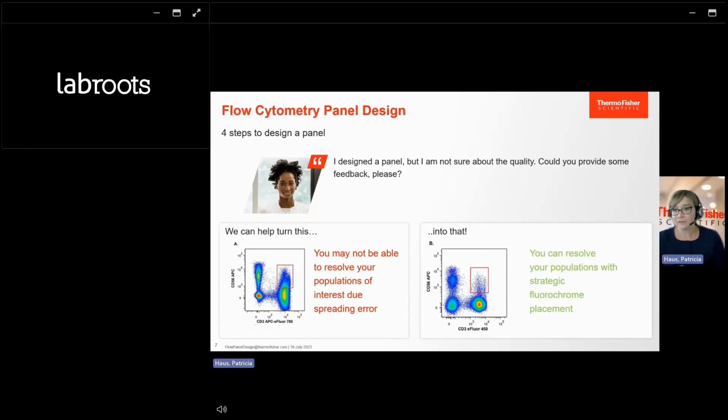So what we offer is our expertise and our knowledge to turn a panel with improvement opportunities, as you can see on the left side, into a better panel, allowing you to detect all of your populations like it is on the right side. And by that, the customer is now able to detect their rare populations.